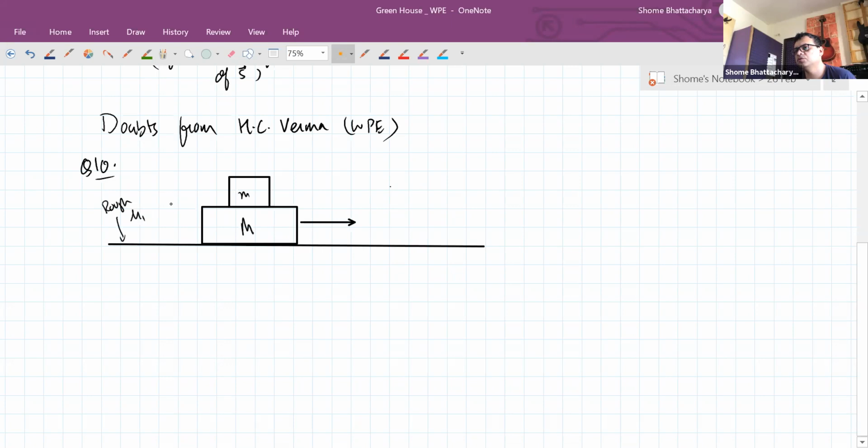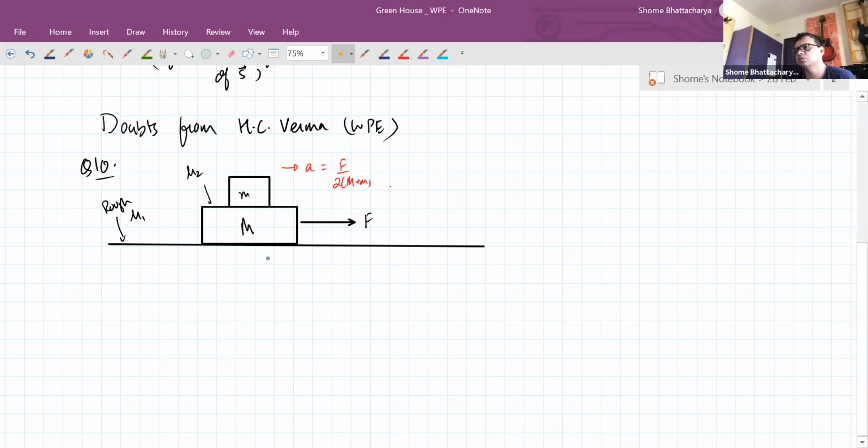Let's say this has coefficient of friction mu1, and this has coefficient of friction mu2. Now it says that the force F that we are applying produces a common acceleration for the system of F divided by 2 times m plus m. So they have a common acceleration.